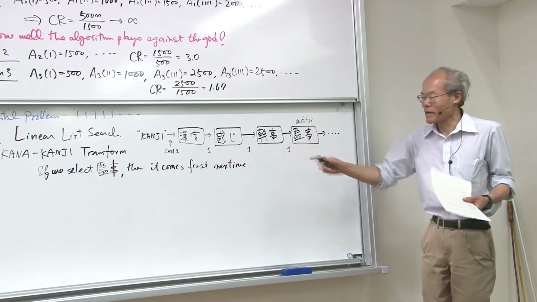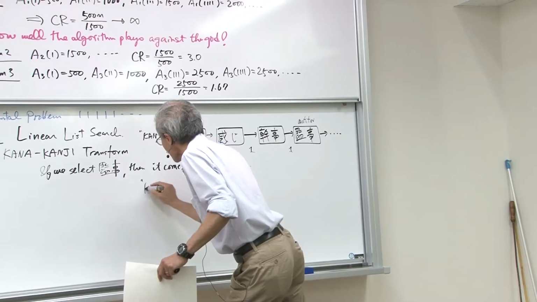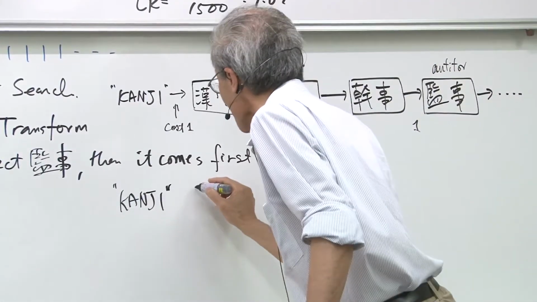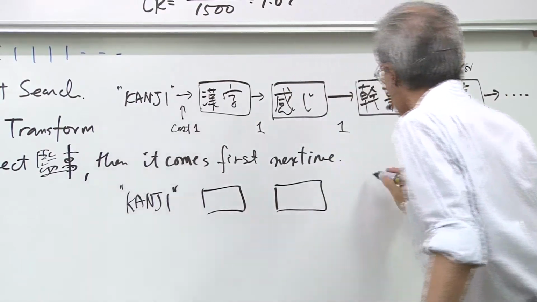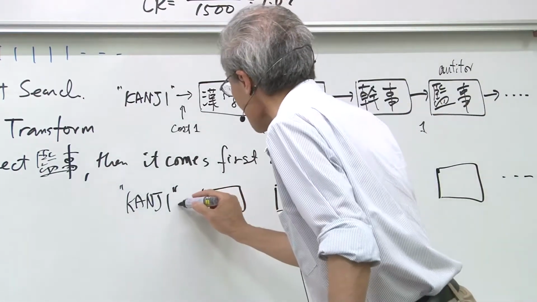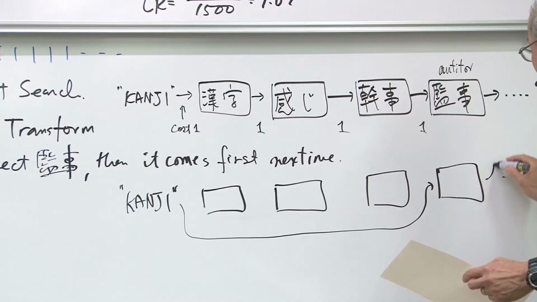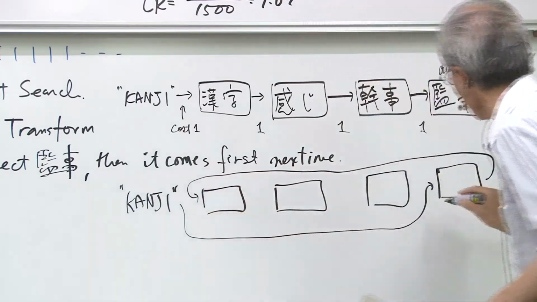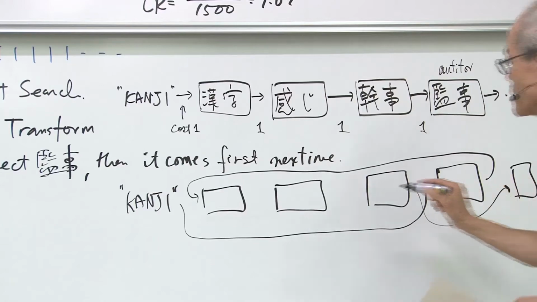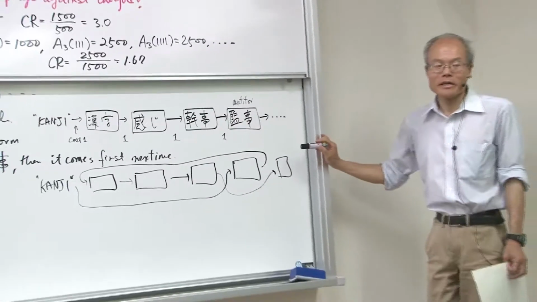Okay, what is the mechanism of this? It's pretty easy, because now the system changes this linear list like this. It just changes the links a little bit.